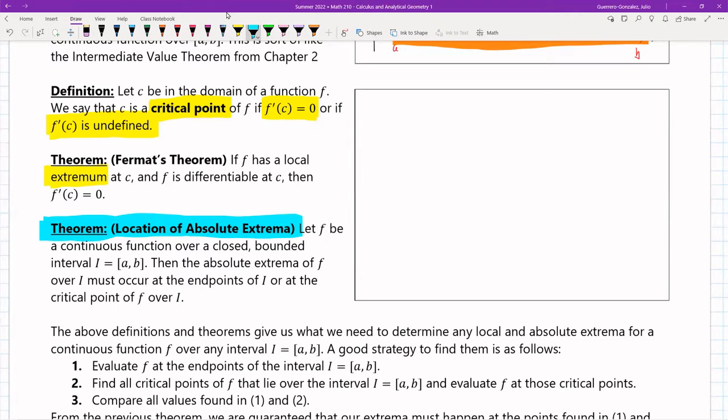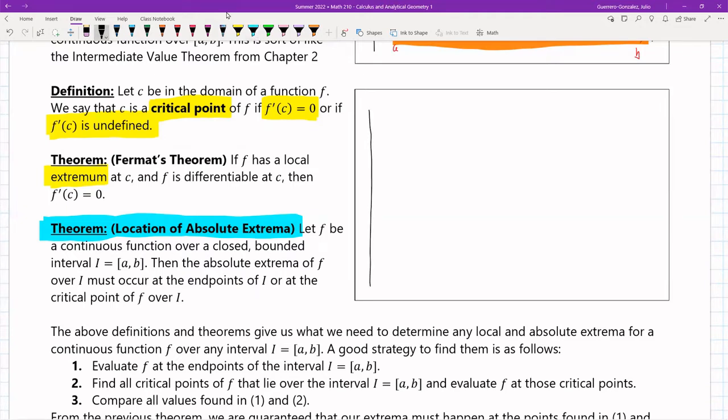So let f be a continuous function over a closed bounded interval [a, b]. Then the absolute extrema of f over I must occur at the endpoints or at the critical points of f over I. Let me go ahead and draw the picture again.